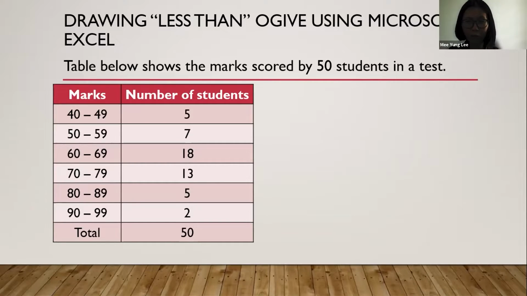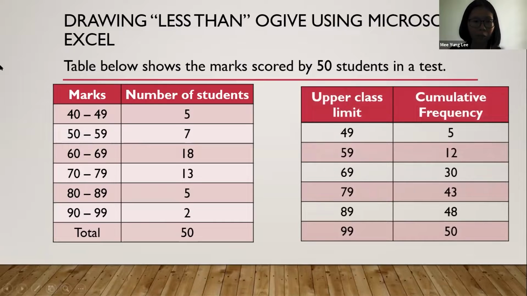Okay, so the cumulative frequency of a class is calculated by the frequency of the class plus the total frequency before that particular class. So let's say for the first class, 40 to 49, the frequency is 5. So the cumulative frequency is still 5 because there is no frequency before this first class. For the second class, 50 to 59, the cumulative frequency is the frequency of this class plus the frequency before the class.